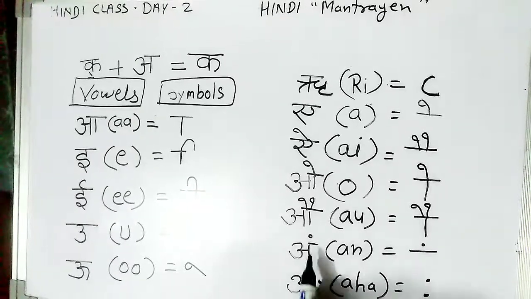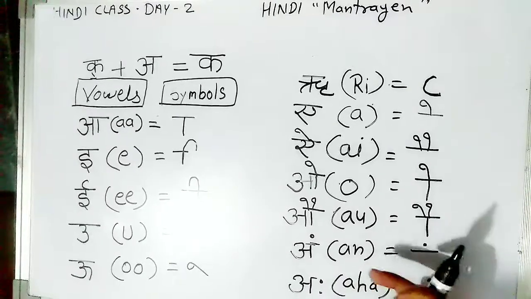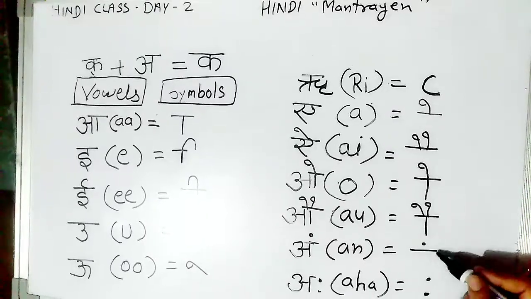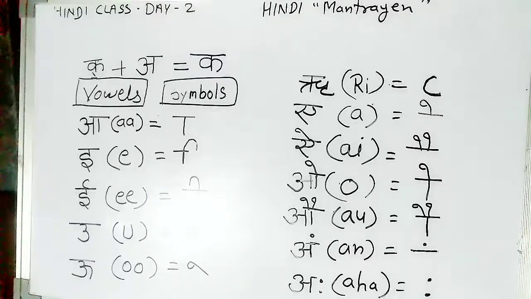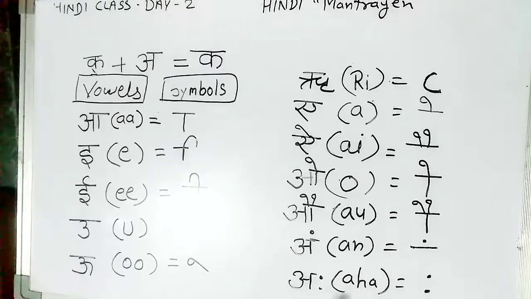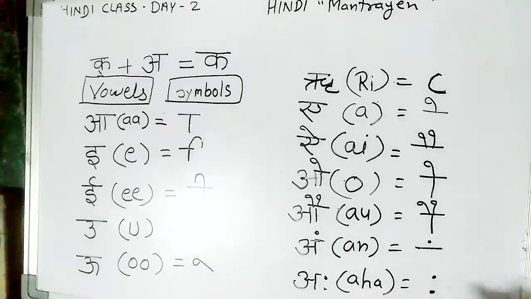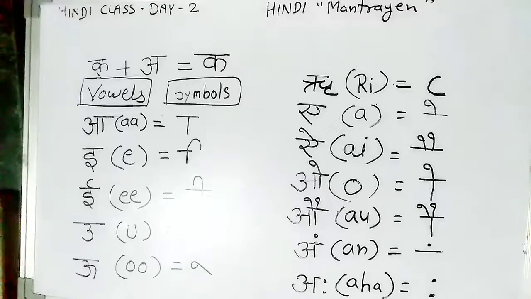Ang, this is Ang, its spelling is A-N, and this is its symbol, the Ang matra. Aha, this is the last vowel, and its symbol is like this.